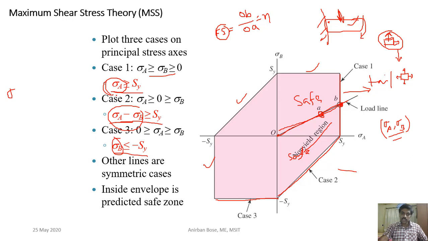Let us consider it is in the first quadrant. Then sigma A is equal to Sy by N, and algebraically N is equal to Sy by sigma A. If it is in this case, then N will be Sy by sigma A minus sigma B. Similarly, if it is in this case, it is this divided by this. In this way we can find the factor of safety.